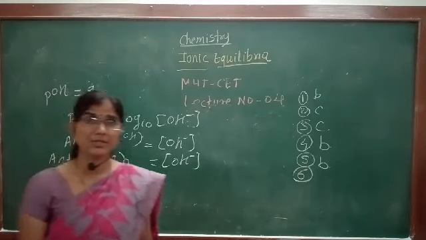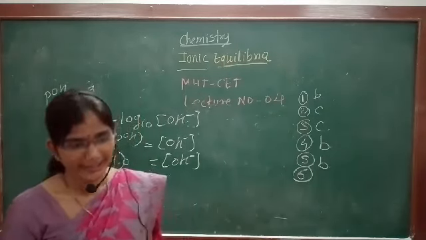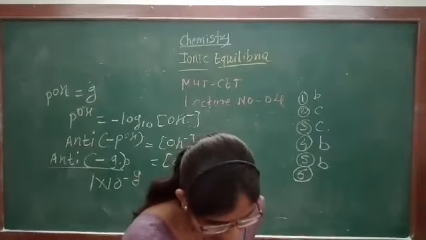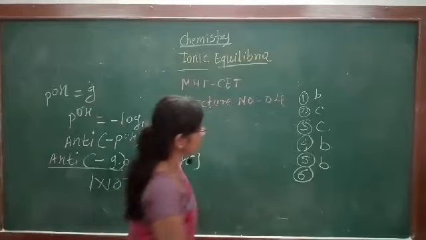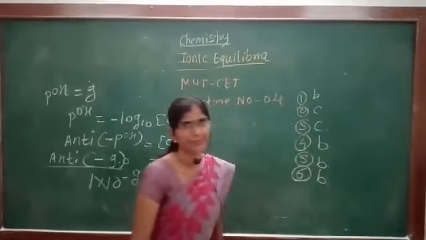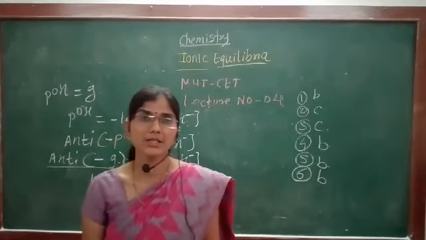Antilog of minus 9 is equal to 1 into 10 raised to minus 9 molar, and therefore the answer of this question is B.